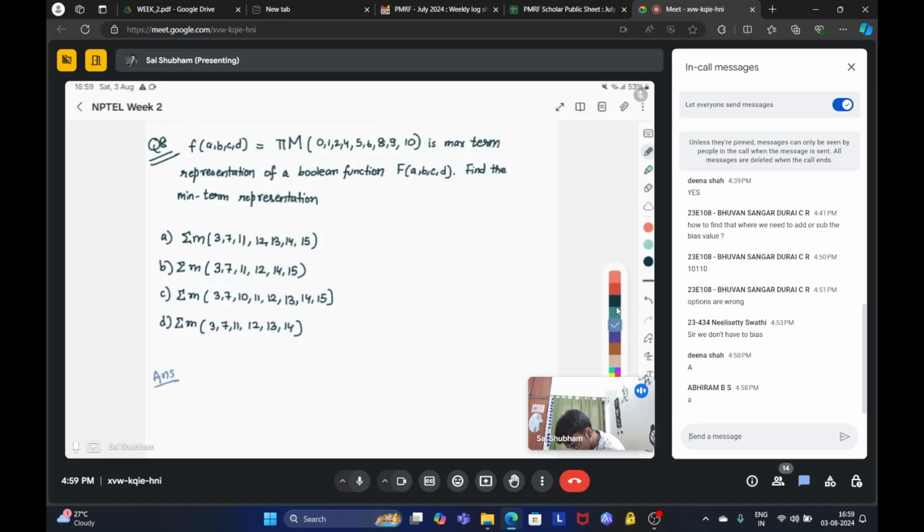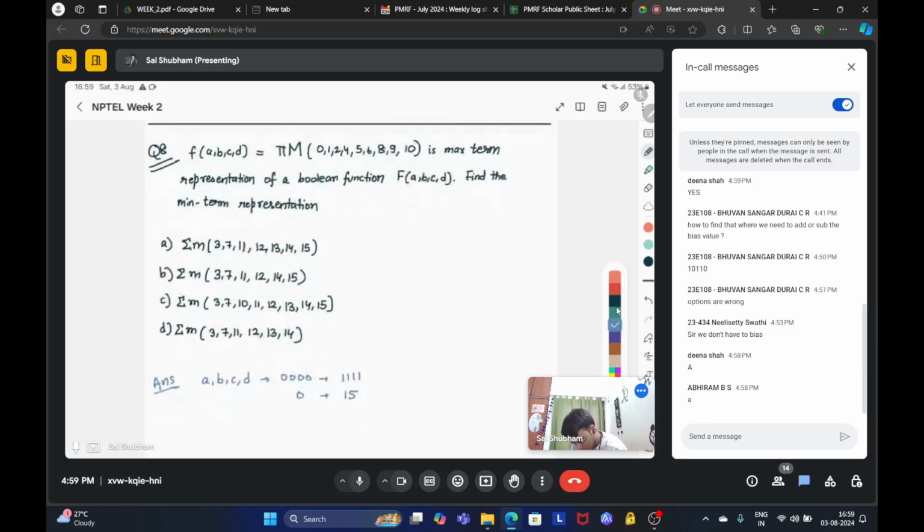As I mentioned earlier, if I have 4 signals or 4 variables, the possible combinations will be from 0, 0, 0, 0, 4 zeros, to 4 ones, which is from 0 to 15, right? And in this case, the right answer is the option with the missing numbers.